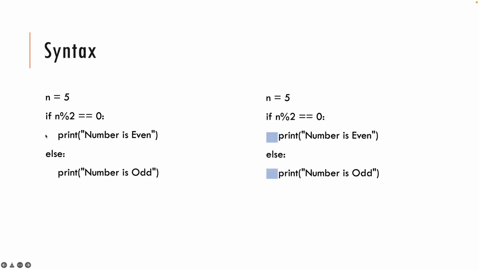These blocks of typically 4 spaces are called indentation. That is defined by the Python grammar.